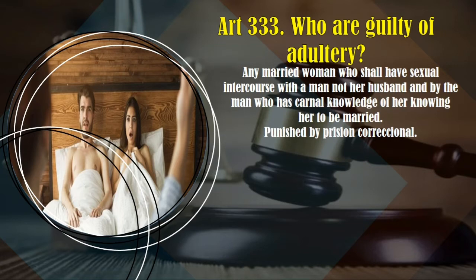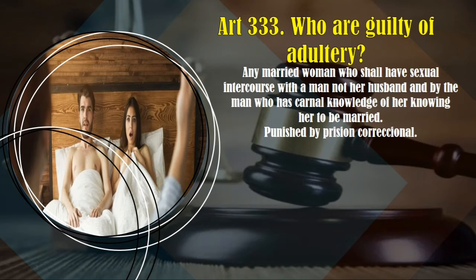Now class, if the person guilty of adultery committed this offense while being abandoned without justification by the offended spouse, the penalty next lower in degree than that provided in the next preceding paragraph shall be imposed.